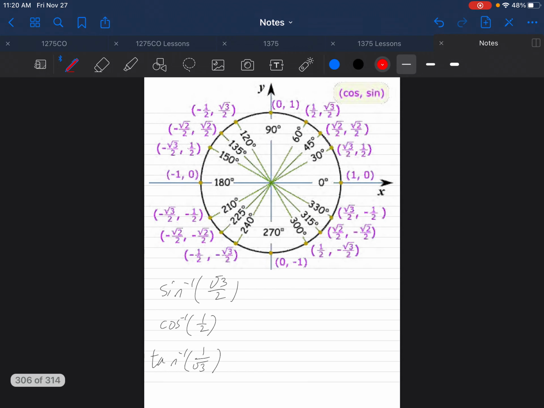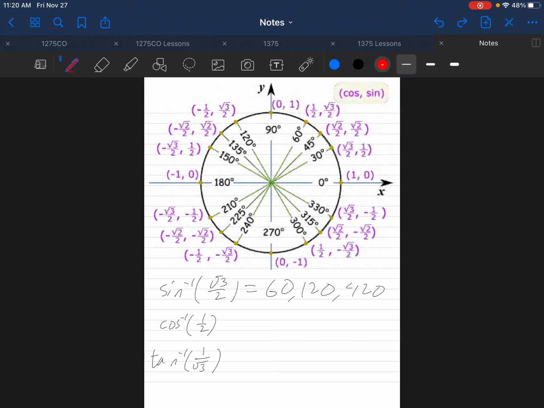But now if you are working within a space that does not have those kinds of restrictions, the inverse sine of radical 3 over 2 can equal 60, can equal 120, can equal maybe 420 degrees, which is a coterminal angle. An angle that spins 420 degrees ends up intersecting the unit circle in the same location as a 60-degree angle. So now there are multiple answers.